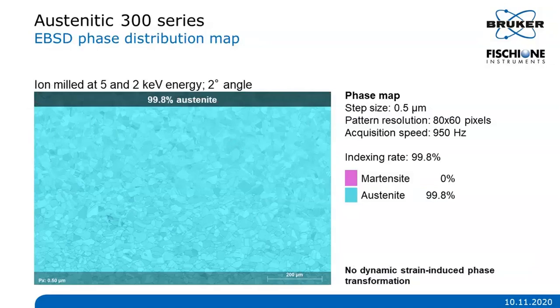If you use argon ion milling and our model 1061 sample preparation system, you will get 100% of your native structure and a very clean sample. As you can see here, we observe 100% austenite and no dynamic phase transformation.